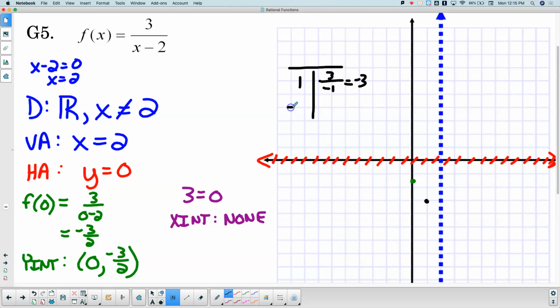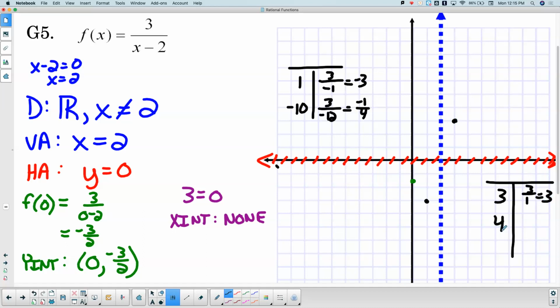And then let's go with negative 10, because then I get 3 over negative 12, which is negative 1/4. Then let's go with over here. Let's go with 3. If I put 3 in there, I get 3 over 1. That's 3.